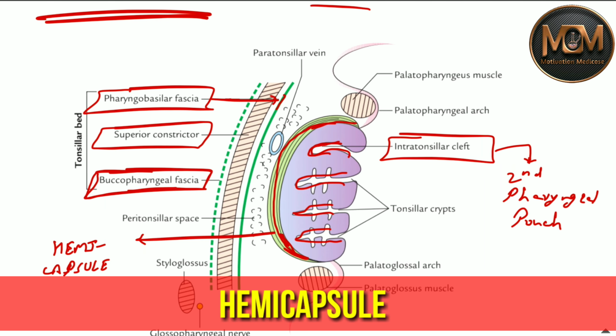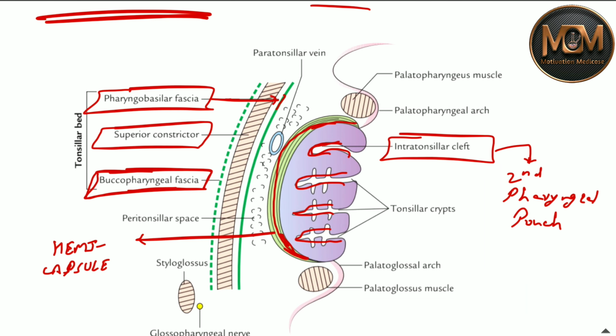And there's some space present, the loose areolar tissue between the superior constrictor and the tonsil. This space is the peritonsillar space.